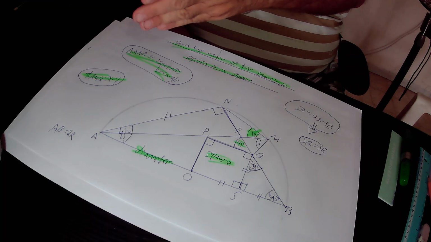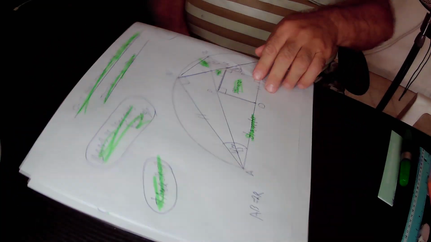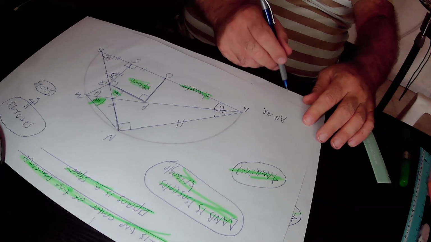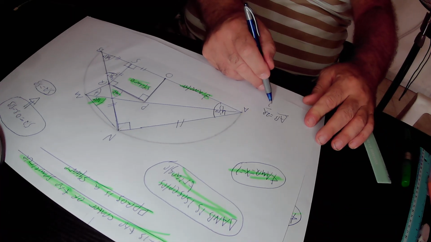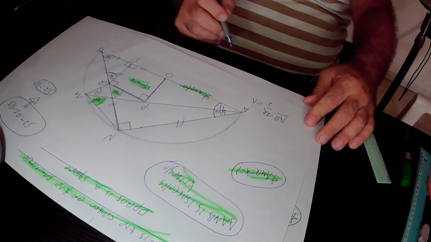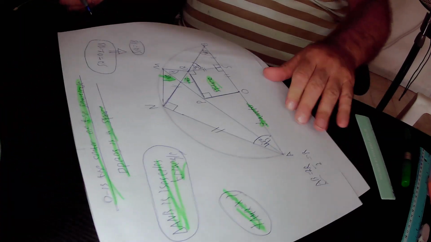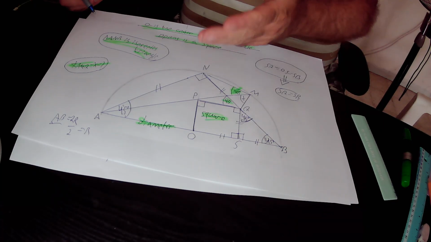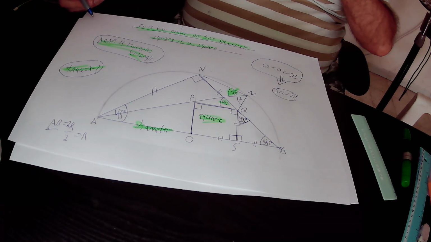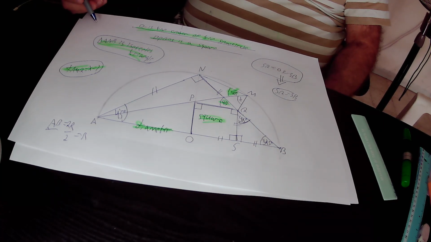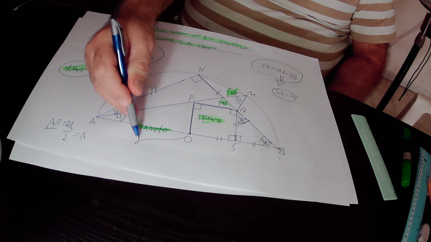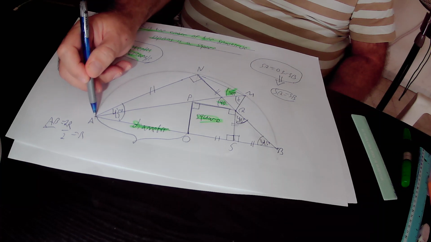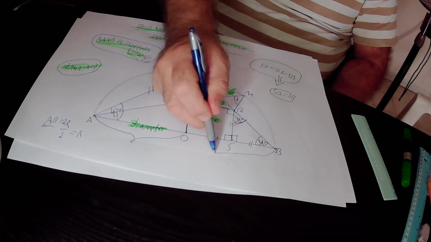Each half equals AB over 2, which is 2R over 2, which is R. So each half equals R, the radius of the semicircle.